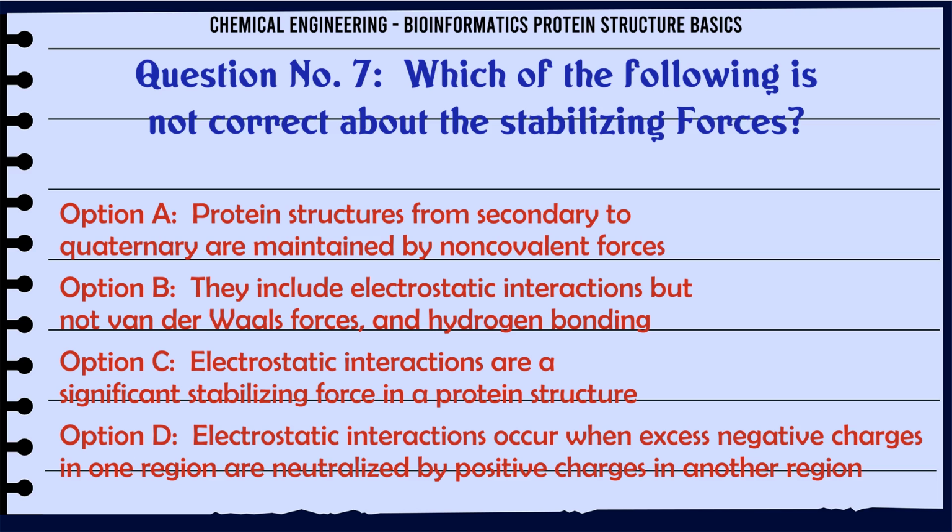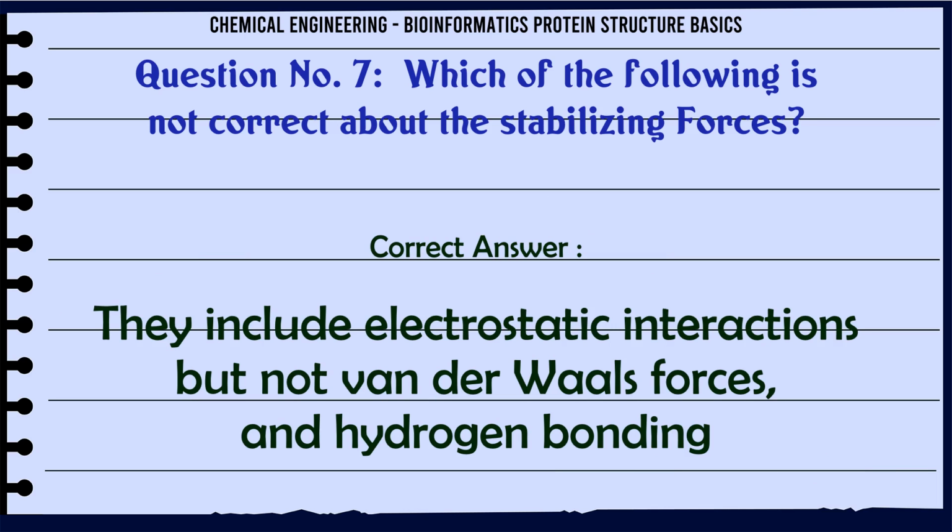D. Electrostatic interactions occur when excess negative charges in one region are neutralized by positive charges in another region. The correct answer is: they include electrostatic interactions but not van der Waals forces and hydrogen bonding.